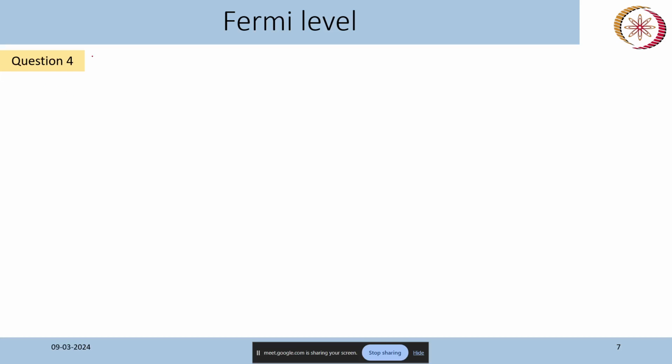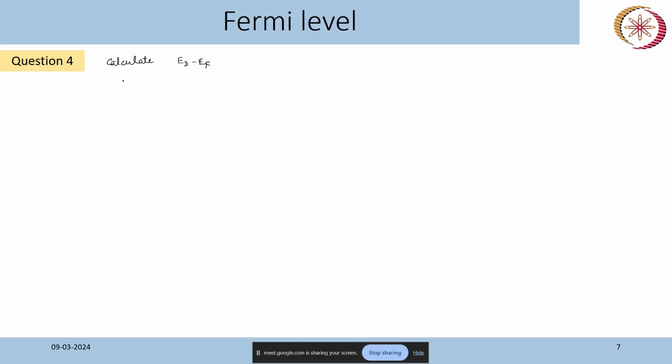So the question is, calculate ED minus EF. I might use small d or capital D, so there may be a mix up, but it is essentially the same.